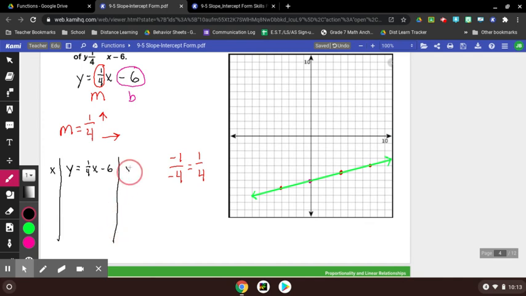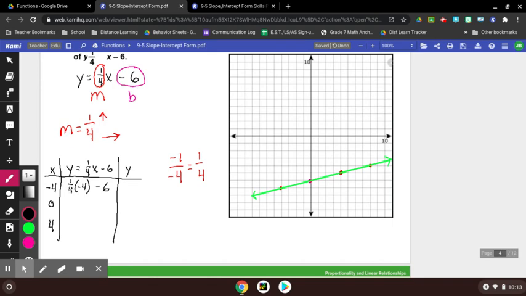And then we had a Y value, and we plugged in our own numbers. I said that the numbers that I would probably use would be like 1, -1, and 0, unless we had a fraction. If we have a fraction, I would use the denominators. So I'm going to use an X value of -4, an X value of 0, and an X value of +4. Now, what that means is I'm going to plug those into this equation. So 1/4 times -4, because I plugged the -4 in for the X, then minus 6.